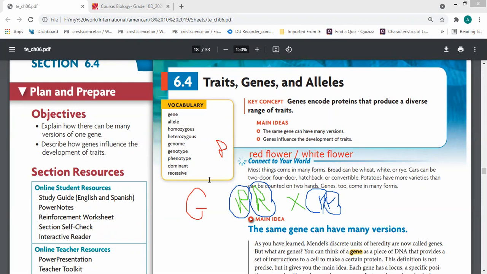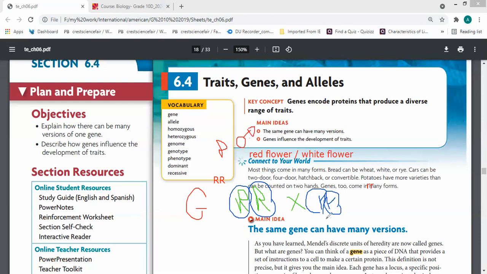Okay, I will write it clearly: R capital, and this one R small, and between them the cross sign. And if you want to show the male and female, above male you can write this symbol.